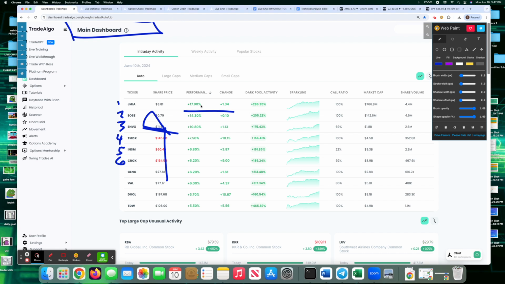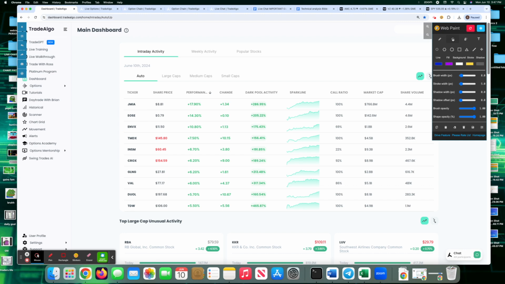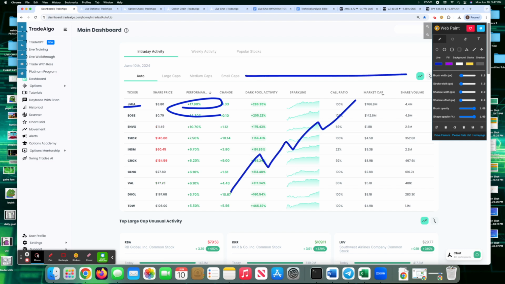Now, these show you opportunities, not guaranteed trades. I picked this one, and it's just going to go to the moon. That would be incredible, right? However, you use this in confluence with your analysis. Say, for instance, right now I'm thinking about getting into JMIA. I'm going to look at the chart and see, oh, there's some major resistance.